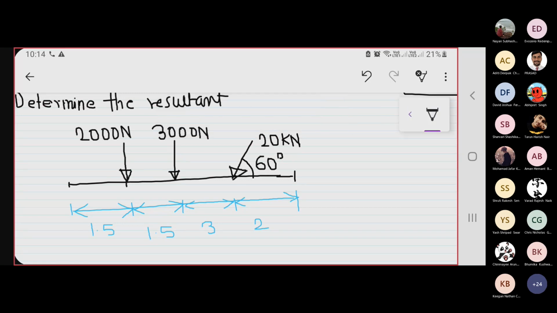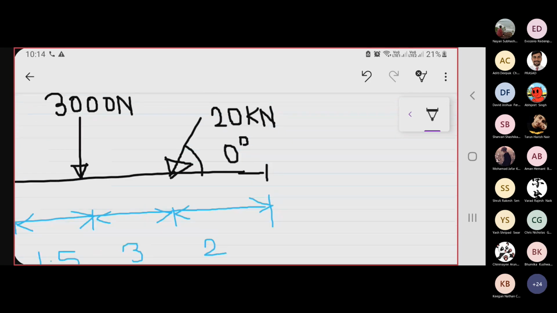So how to go about such a problem, a non-concurrent force system? I'll explain it. First, we'll solve this problem, then you can go for another problem. What I will do is change some values. Otherwise, it will be the same as in your notes.